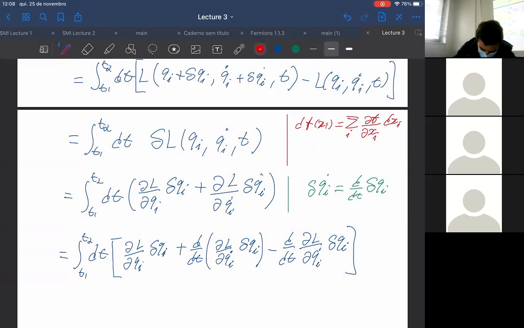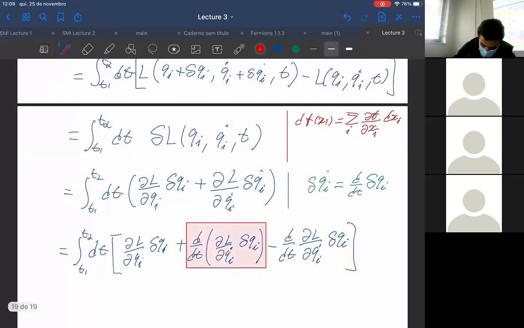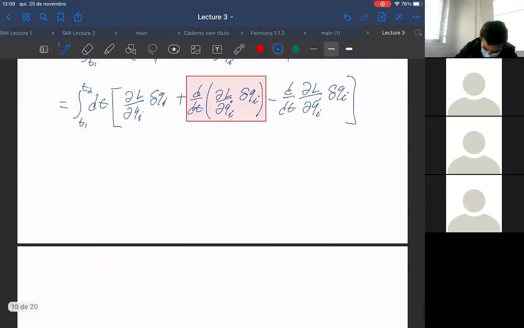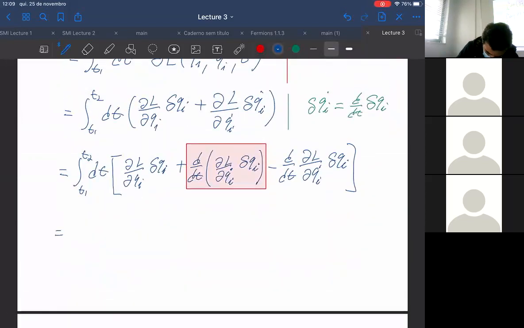So from this here, let me highlight this one here. We are integrating the derivative, so this is trivial. For this one here, we already have, I will write in red actually.